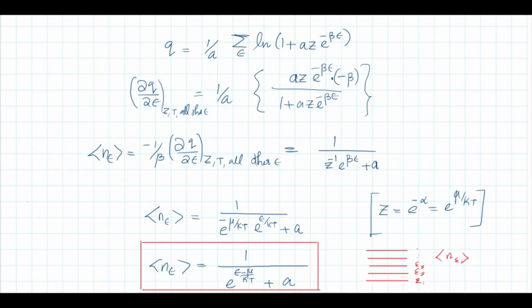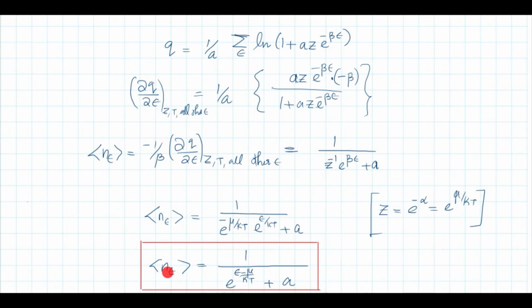That is the meaning of this number. For a particular system, what is the average number of particles in each single particle state? That is what is meant by the occupation number. I will explain this quantity more.